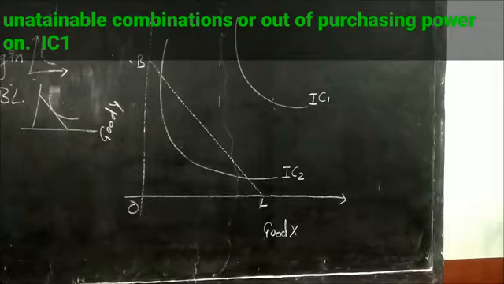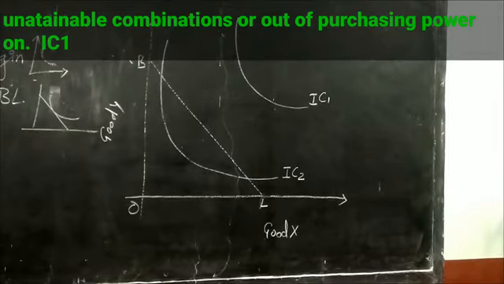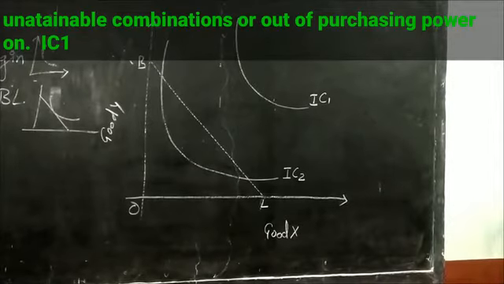So, if IC1 is there, the consumer will not remain in equilibrium and he can't get maximum satisfaction with minimum income.